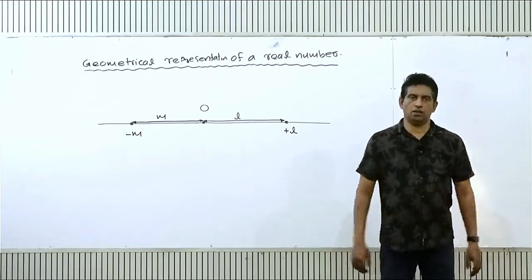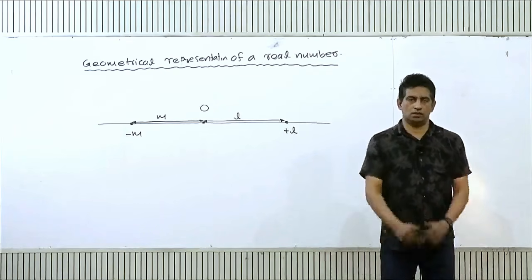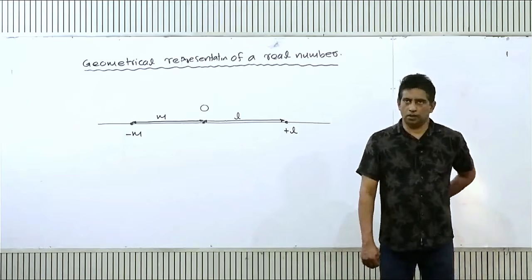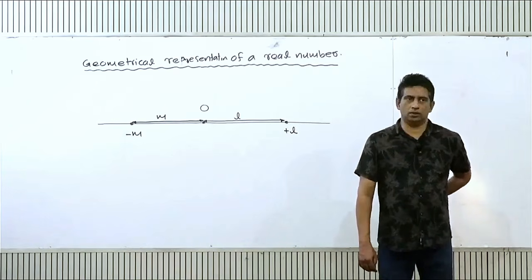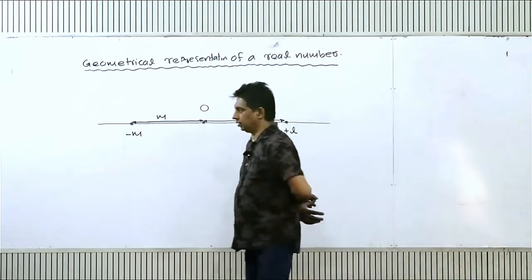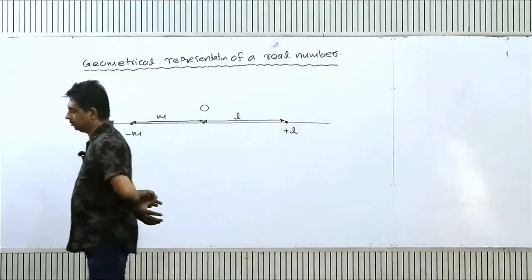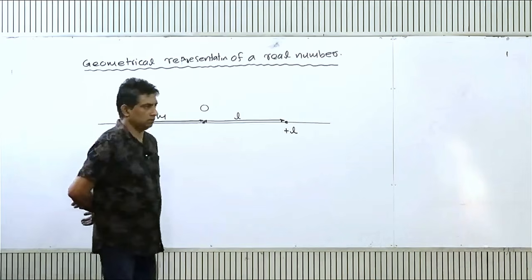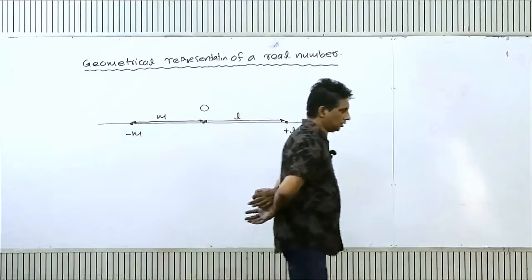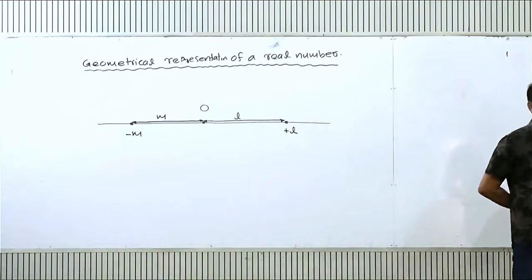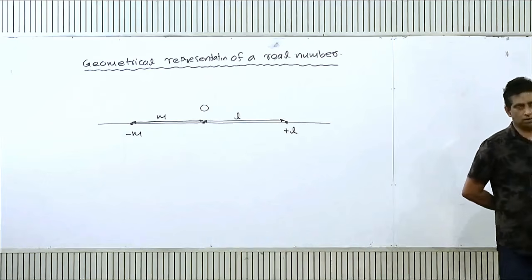So in this way, you can mark any real number on this straight line by a point.